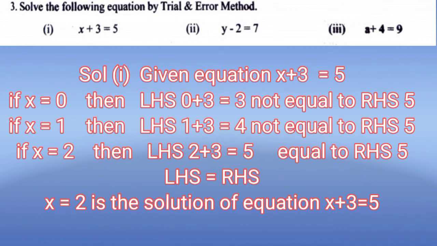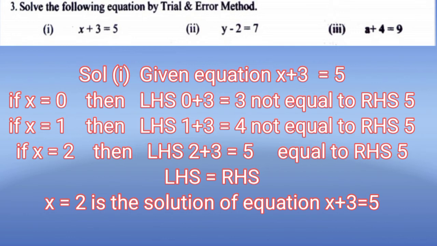Now question number 3: solve the following equations by trial and error method. x plus 3 equal to 5. Solution: given equation x plus 3 equal to 5, where x plus 3 is the LHS and 5 is the RHS. By substituting, if x equal to 0, then LHS equal to 0 plus 3 equal to 3, that is not equal to RHS 5.